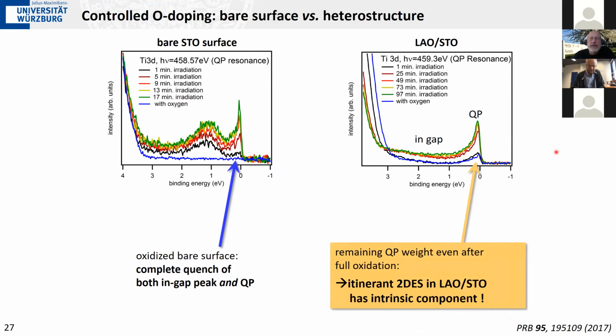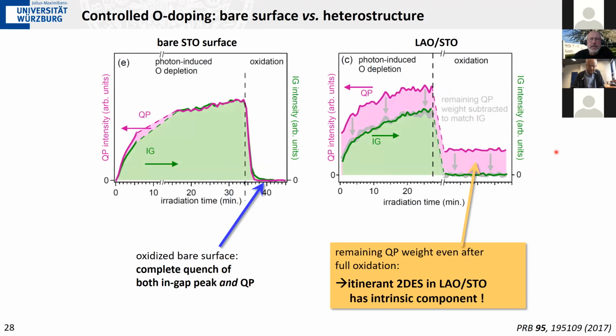This tells us that even if you fully oxidize your system, with no oxygen vacancies in the system, there is some intrinsic component of the two-dimensional electron system that is not related to oxygen vacancies, which may come from the electronic reconstruction mechanism, or, as we speculate, comes from other defects in the LAO. I may come back to this.